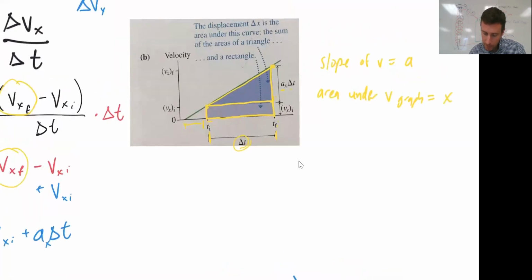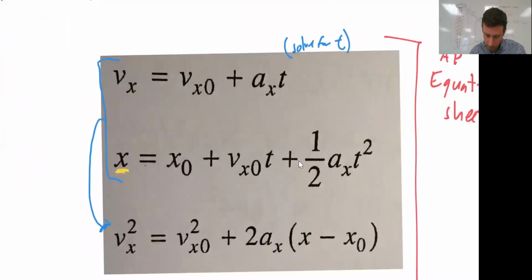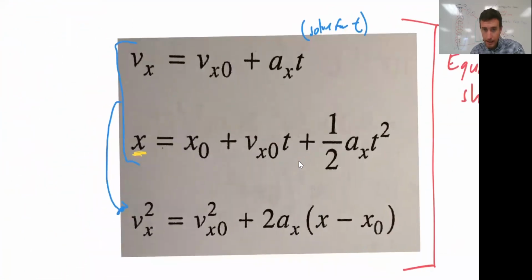So if you take those pieces together, you can come up with the equation x equals x sub 0 plus v sub x t plus 1/2 at squared. We've used a similar equation, distance equals 1/2 at squared, previously.